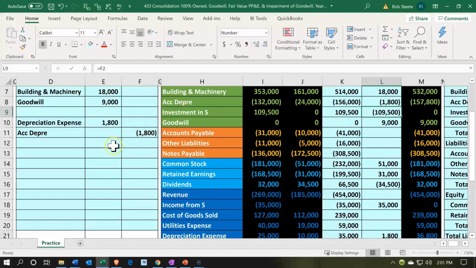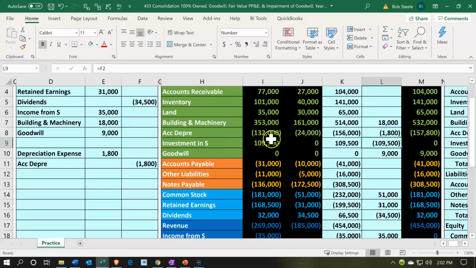Now we also have that standard thing where we had the goodwill, where we had the accumulated depreciation that we want to net into the book value. So that's different than this depreciation entry. In this depreciation entry, we revalued the assets and then recorded the depreciation based on the added 18. Here, we're just doing the normal thing we've seen in the past, which is we need to take the accumulated depreciation that was there at the point of purchase and net it into the building and equipment.